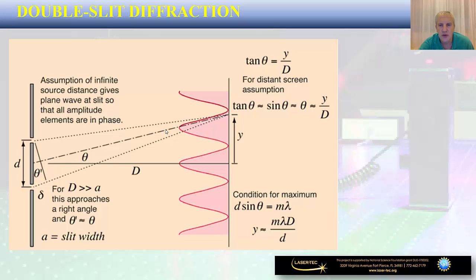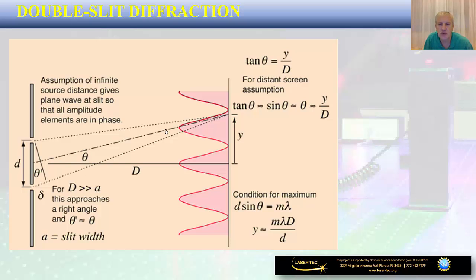Without going further into derivations of these equations, we can see that the position of the first dot is going to depend on the wavelength of light, the distance between the diffraction grating and the screen, and finally the distance between the two openings in the diffraction grating.